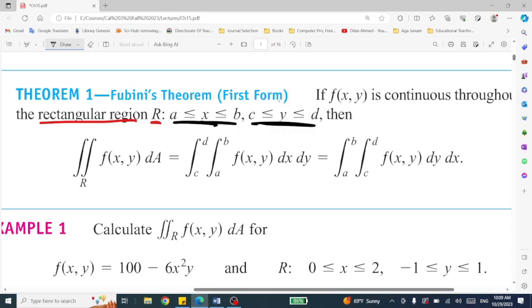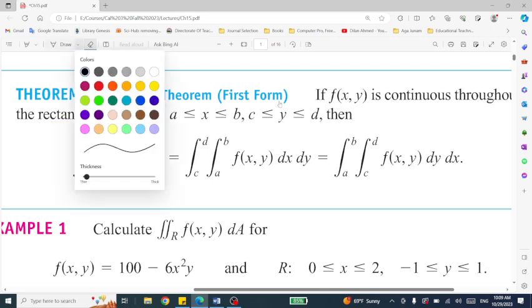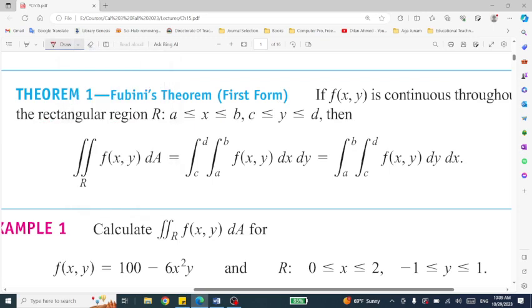I told you dA can be translated into two things, dx dy and dy dx. And pay attention, because this is the first time you see a double integral. If you have dx, here should be the value of x. Look, x is between a and b. So the variable dx should match its own boundaries.